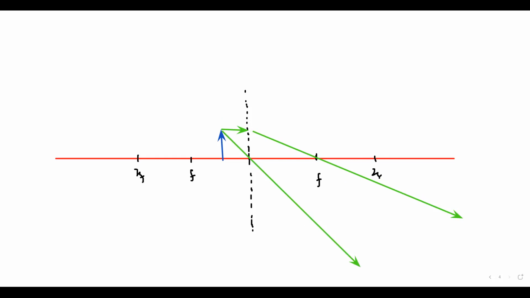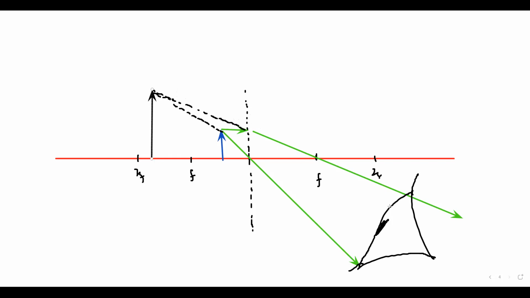So the person who is looking from the side, a person who is looking from this side, when he receives these light rays, his brain will imagine or create an imagination and produce these light rays backward. So when the brain produces the rays backward, this is the position where the image is formed.